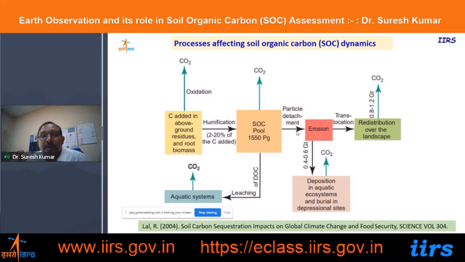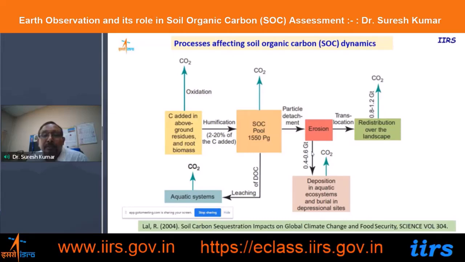By particle detachment in erosion, topsoils get removed, particles get detached, and along with that soil carbon is also detached, and this soil carbon is translocated and distributed over the landscape or region. It has been estimated that nearly 1 gigaton of carbon every year is released as CO2 into the atmosphere.